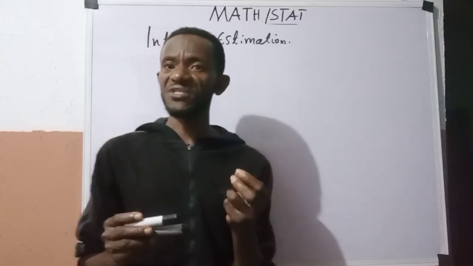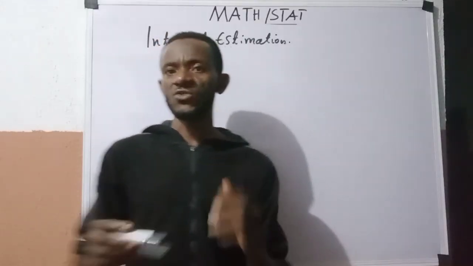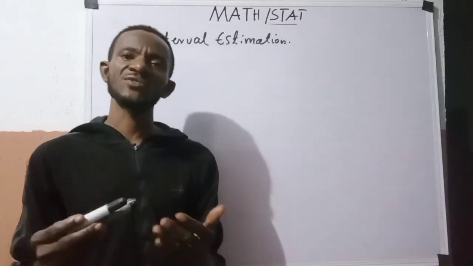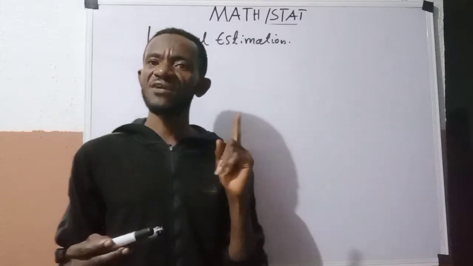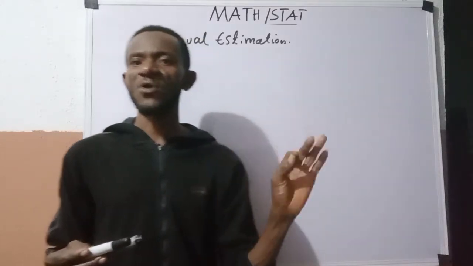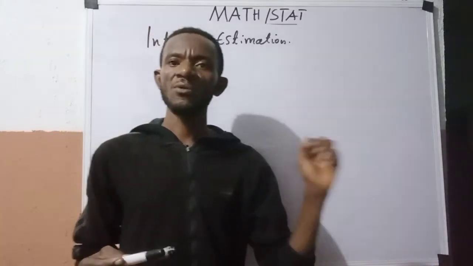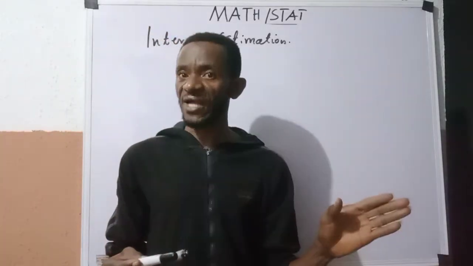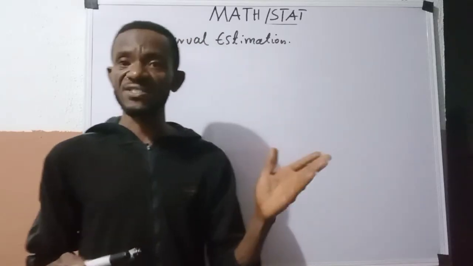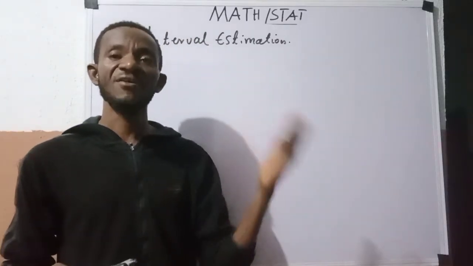In point estimation, the interest is to, from sample observations, obtain a single value called a point estimate with which to represent the unknown population parameter, be it theta or be it any other value.